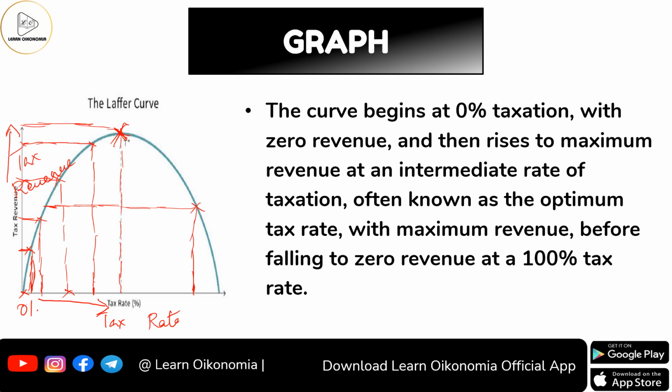So after this point, if the tax rate increases, the tax revenue is falling, isn't it? For the very same reason, you can consider this point as the optimal point. And the tax rate which corresponds to this particular point would be the optimal tax.